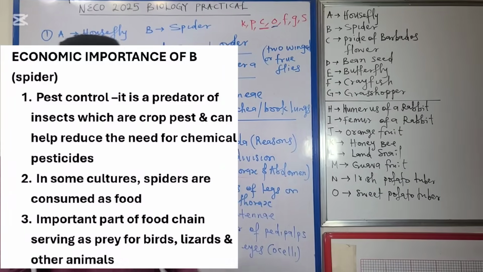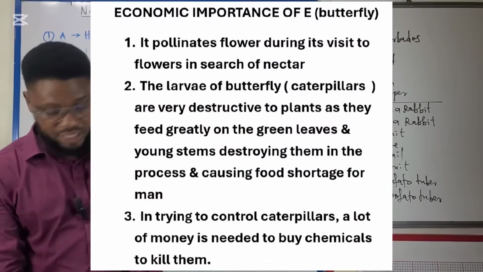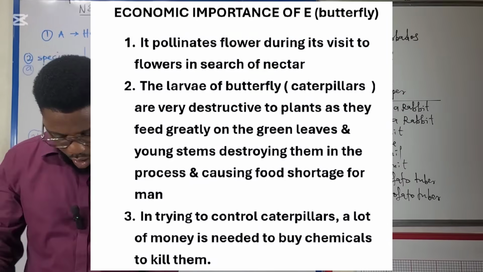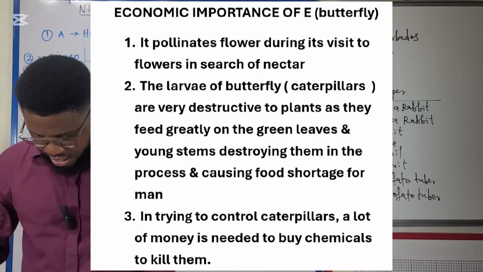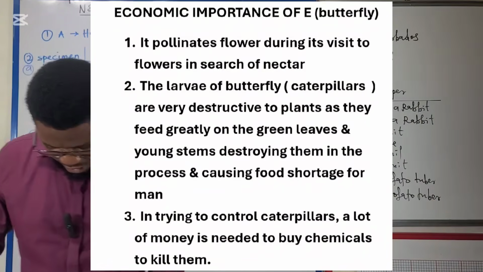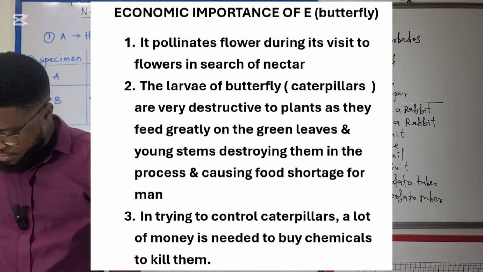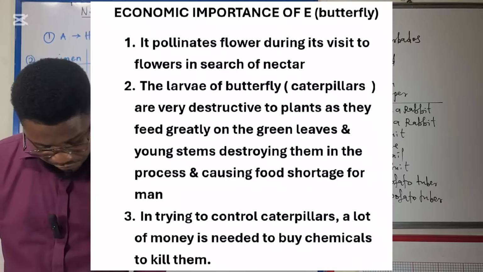Now, if we were to have economic importance of, let's say, something like butterfly, what would be the economic importance? The adult butterfly is a very useful insect because it helps to pollinate flowers during its visits to flowers in search of nectar.